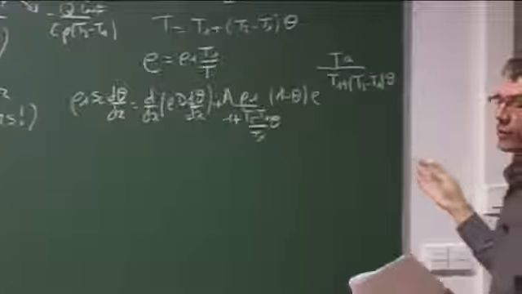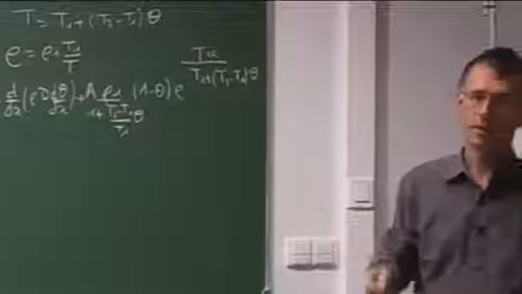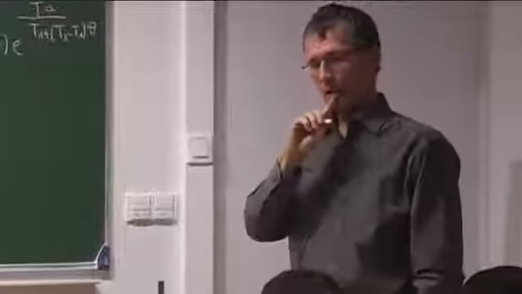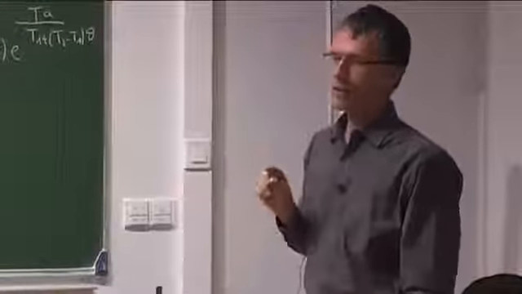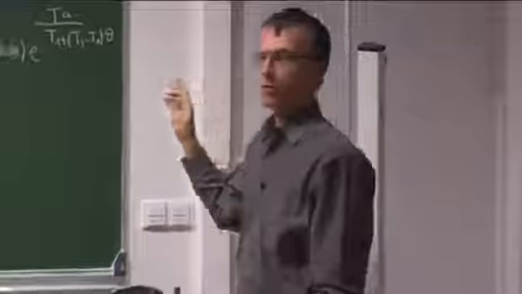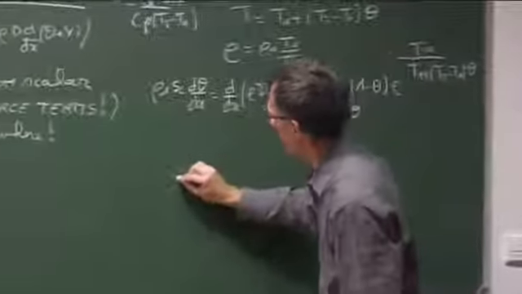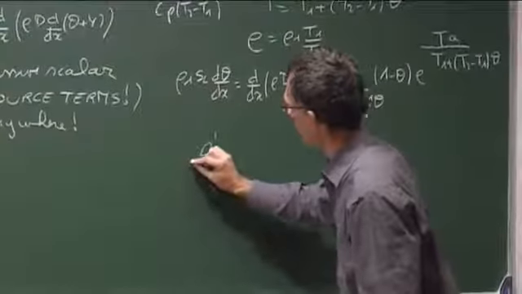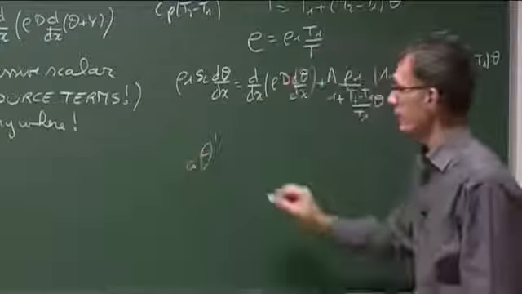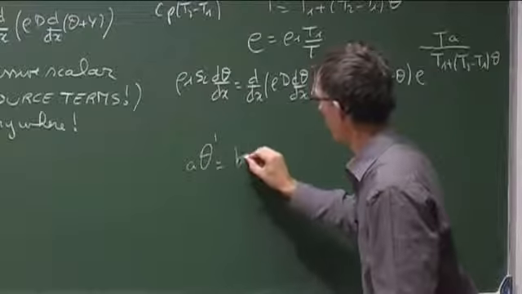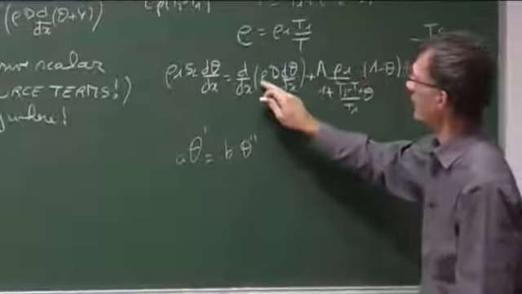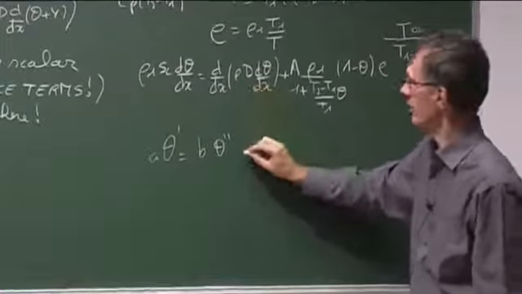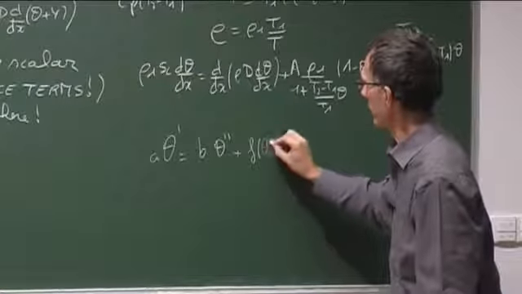So you see now everything is closed. We just have to solve this equation. Okay. How does this equation look? It's like an equation saying a constant multiplied by the first derivative equal another constant multiplied by the second derivative. I will say that these things are constant for the moment, plus a complicated function of theta.